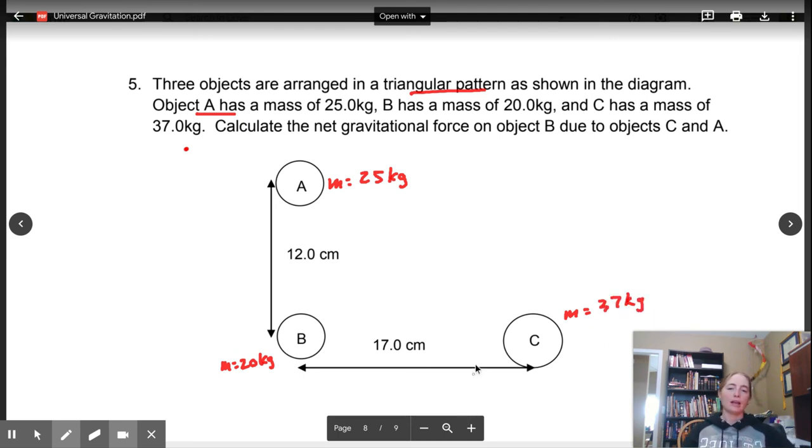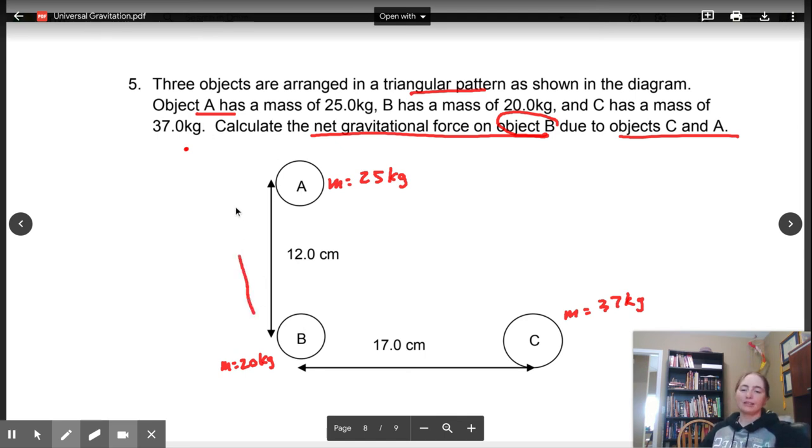Calculate the net gravitational force on object B due to objects C and A. So we're going to be focusing on this guy. Now, we also need to be remembering that our gravitational force is attractive. So object A is going to be pulling on object B.